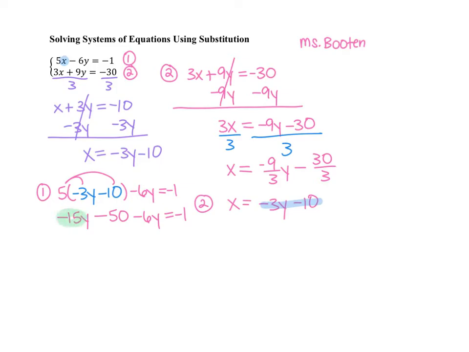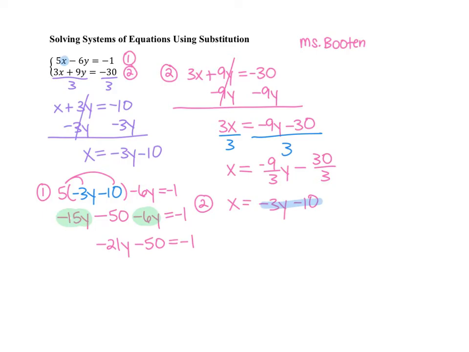Negative 15y and negative 6y. Since they're on the same side, we just combine them. So negative 15y and negative 6y combined is a negative 21y. And then you still have the minus 50 equals negative 1. So again, these are on the same side, so you're not adding 6y or adding 15y. They're just what they are, and you combine them.